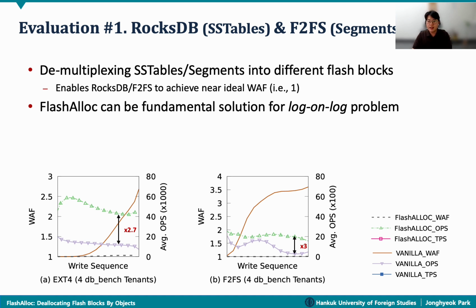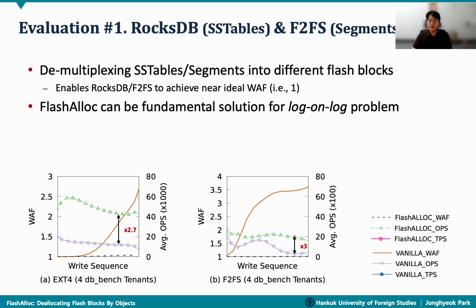Recall that SS tables at different levels will be compacted and thus invalidated at different points in time. This leads to high write amplification. However, FlashUnlock significantly reduces write amplification by separating SS tables into distinct flash blocks.